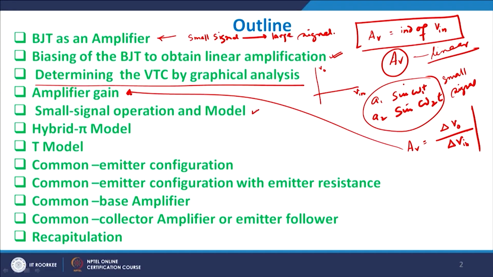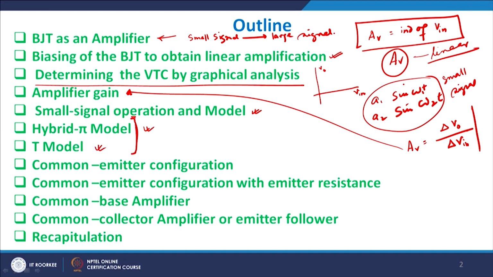So, what people have done over the years is, rather than discussing the device behavior every time, if we have a circuit representation of a BJT, then every time we encounter a BJT we replace it by its equivalent circuit. That is what we will be learning when we discuss the small signal model, the hybrid pi model and the T model. These are the two models we will be learning.